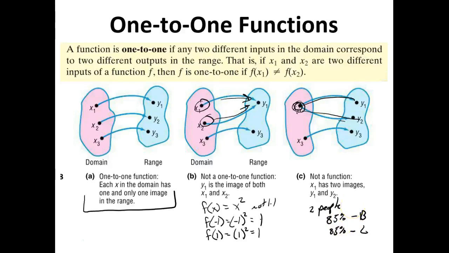Now, this example right before it, if I use that grade analogy, let's say somebody gets an 83%, somebody else gets an 87%. They are both going to get B's in the class. Two different numbers going to the same place, it still is a function, but if the same number tries to go to two different places, not a function.